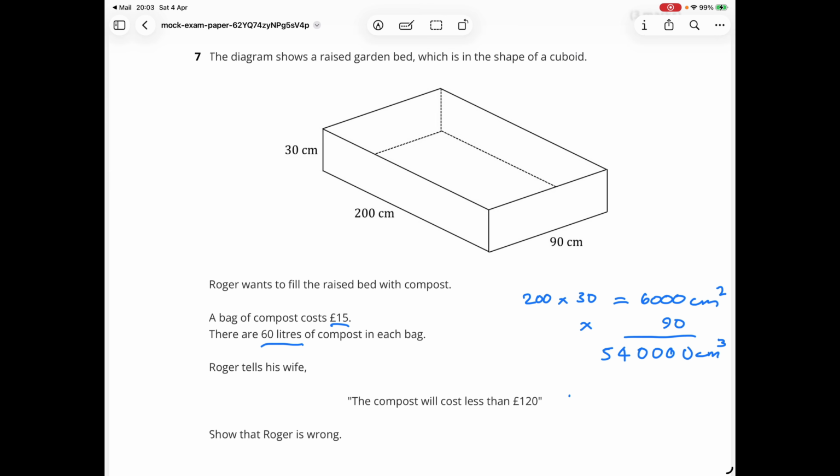I think 1 litre is 1,000 cubic centimetres, so that means that's 540 litres, and divided by 60 he will need 9 bags of compost. So 9 bags of compost is 90 plus 45, £135. So Roger is wrong. We knew he was.